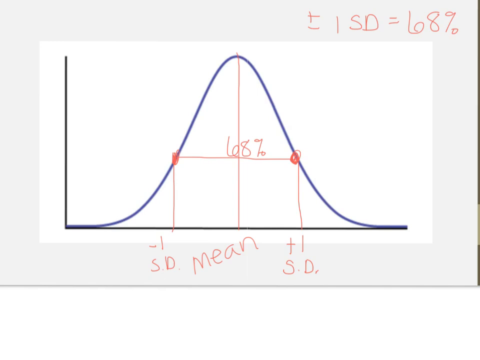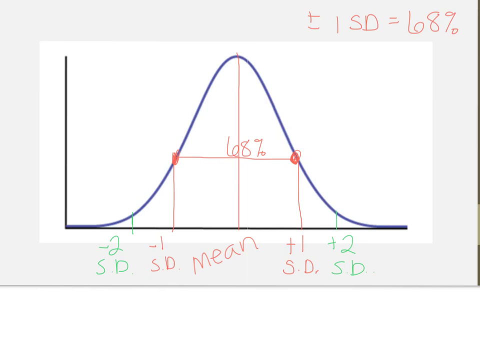Now, you could keep going for an infinite number of standard deviations. We're going to go one more. I'm going to label +2 standard deviations. So I'm going to put on a second standard deviation and take away a second standard deviation.